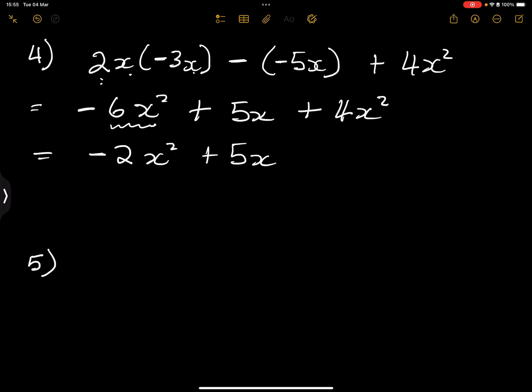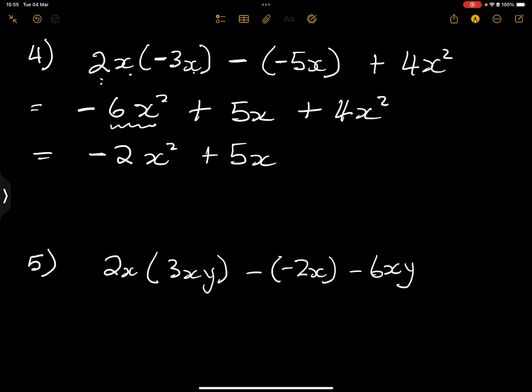Suppose I've got 2x into 3xy minus negative 2x minus 6xy multiplied by 2x minus 5x squared. Now please pause the video, try to do it on your own.